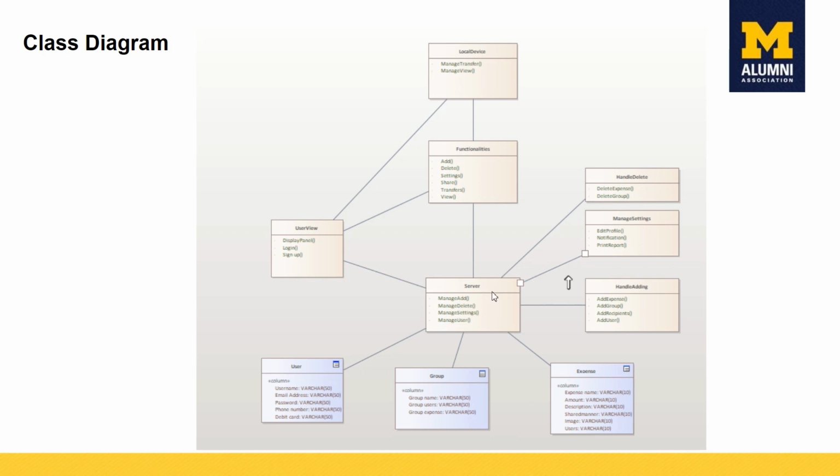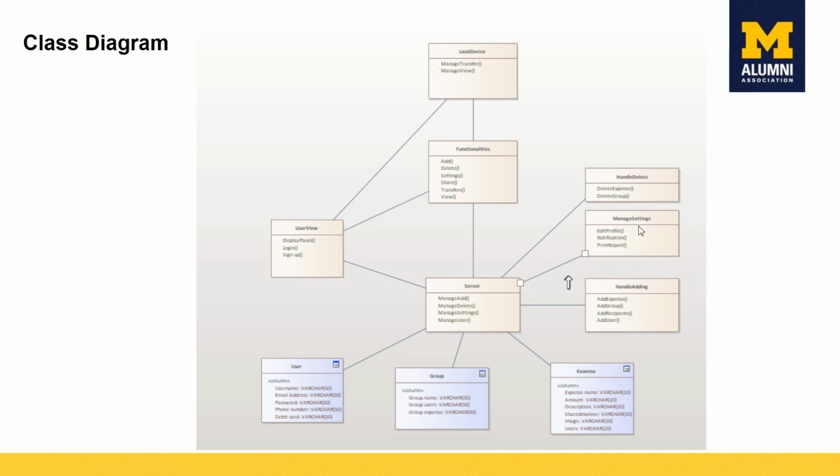So the server will not be able to add that to the database directly. It's gonna contact one of these classes. In this case, for the adding: add expense, add group, add a recipient, and add user, as I said. Add user is for if you want to add a user to a group or an expense.